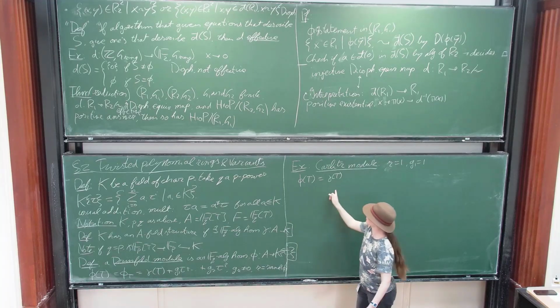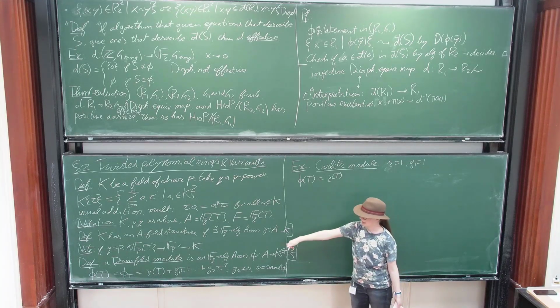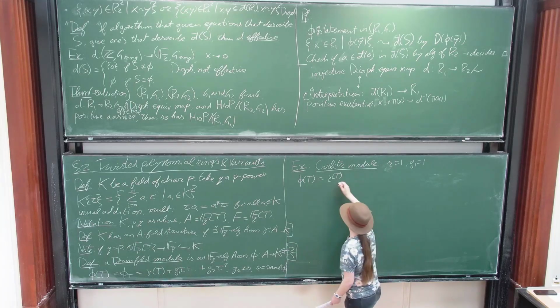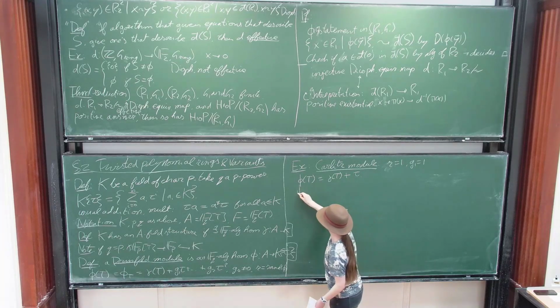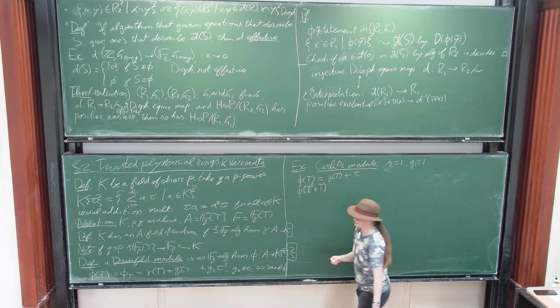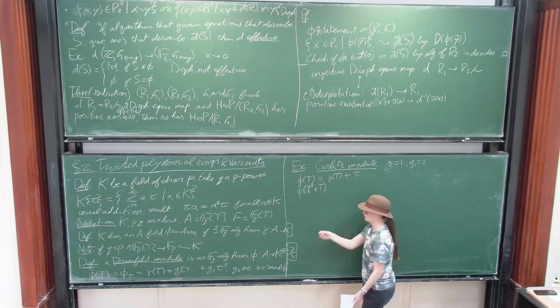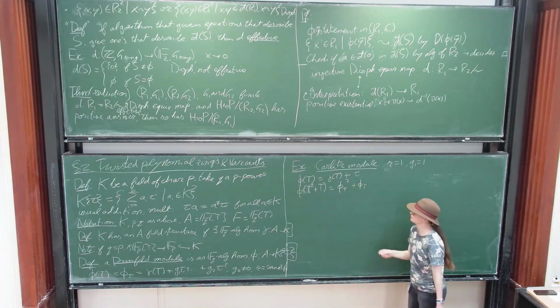So this still depends on which field we're working in and which A-field structure we have on that. And if we want to know what phi of t squared plus t is, well, it's an F_q-algebra homomorphism, so we get phi_t squared plus phi_t.